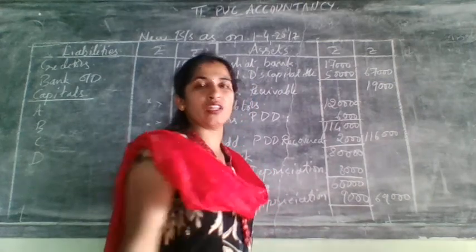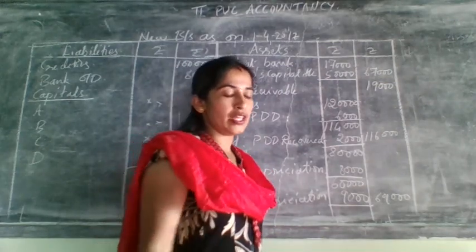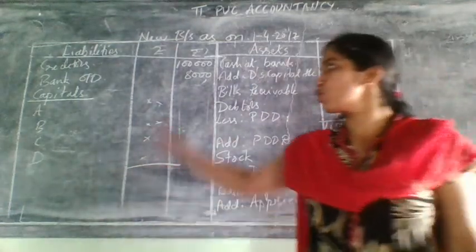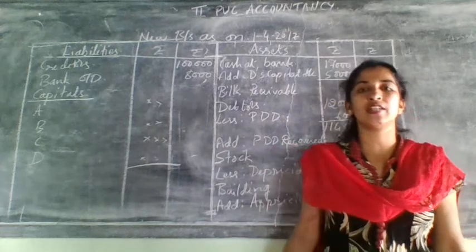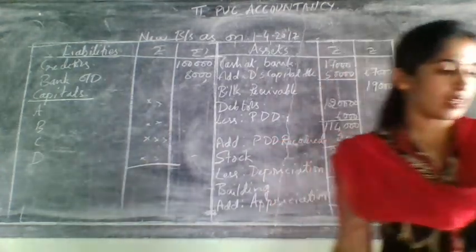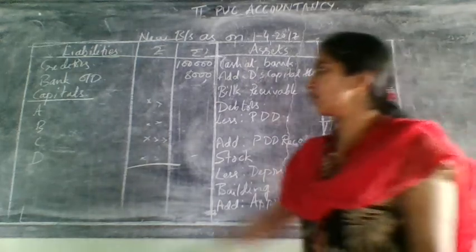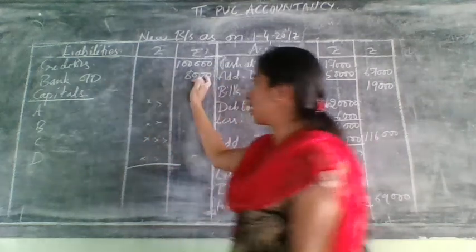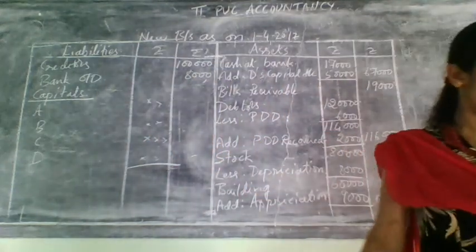That they have given, I think, only in one problem. Next, after creditors you are having reserves. Reserve should not be taken here. Why? Because that is related to old partners and distributed to old partners in the partners capital account. Next, they have given bank overdraft. Here no outstanding interest for this, so directly you can write it in the outer column.